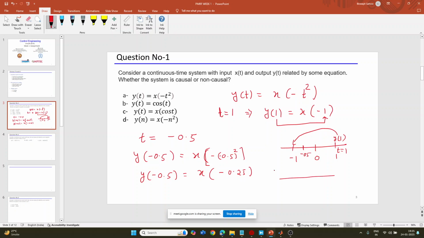Now make a number line system. Find out these 2 points. This is 0, this is minus 0.25, this is minus 0.5.